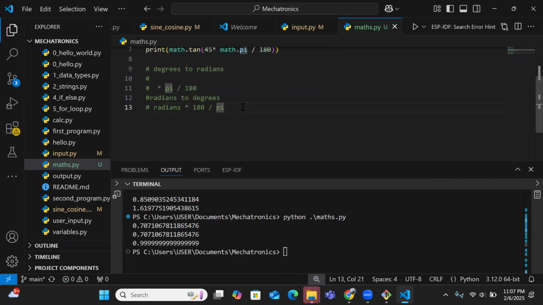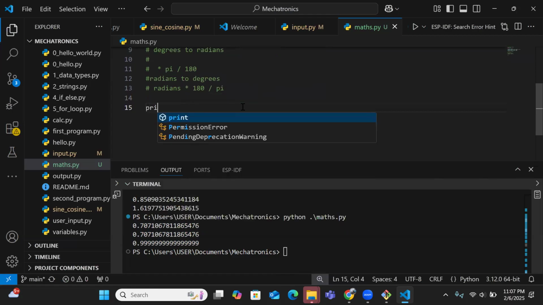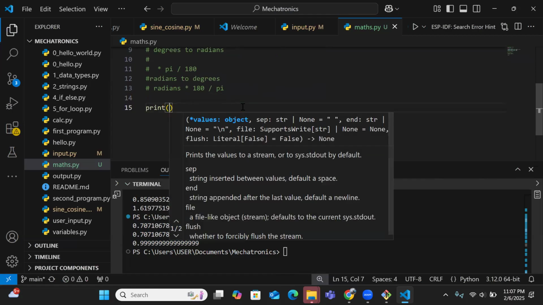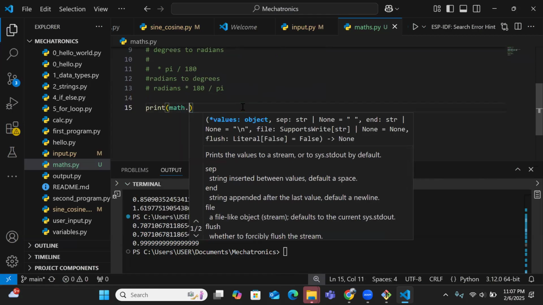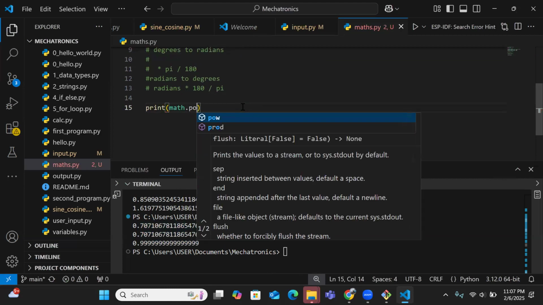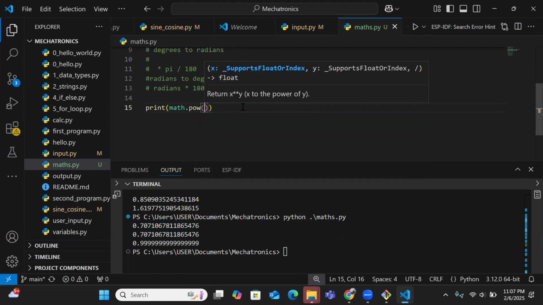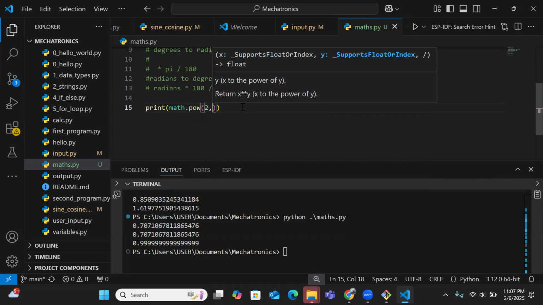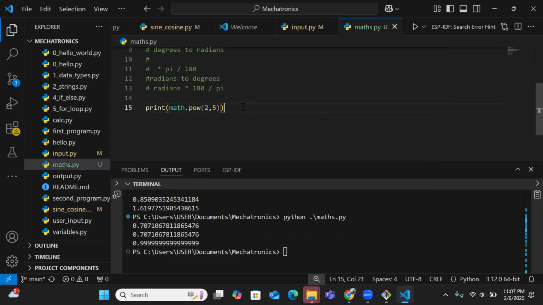Another one. We want to print math.pow. This one we have looked at. If you say 2 raised to power 5, what is it? 32, isn't it?